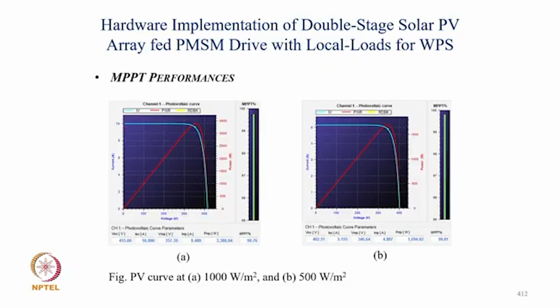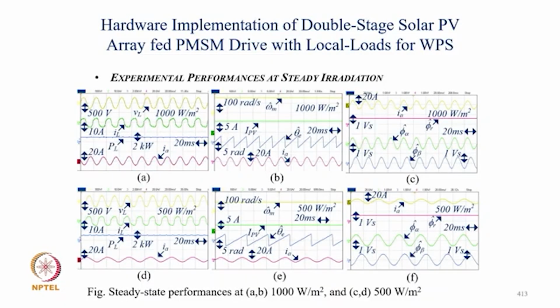And these are the test results for MPPT at 1000 watt per meter square and 500 watt per meter square. These are the responses of load voltage, load current, load power, and the motor current.